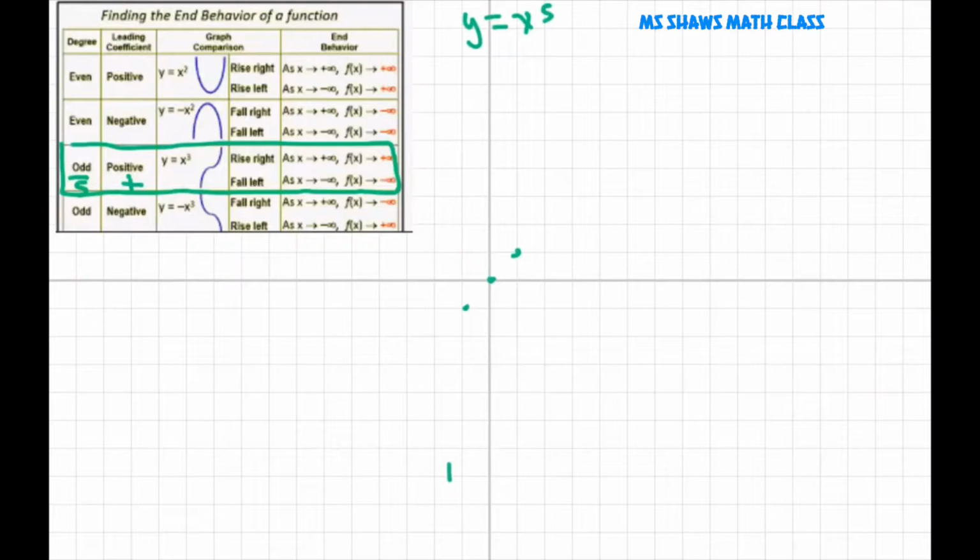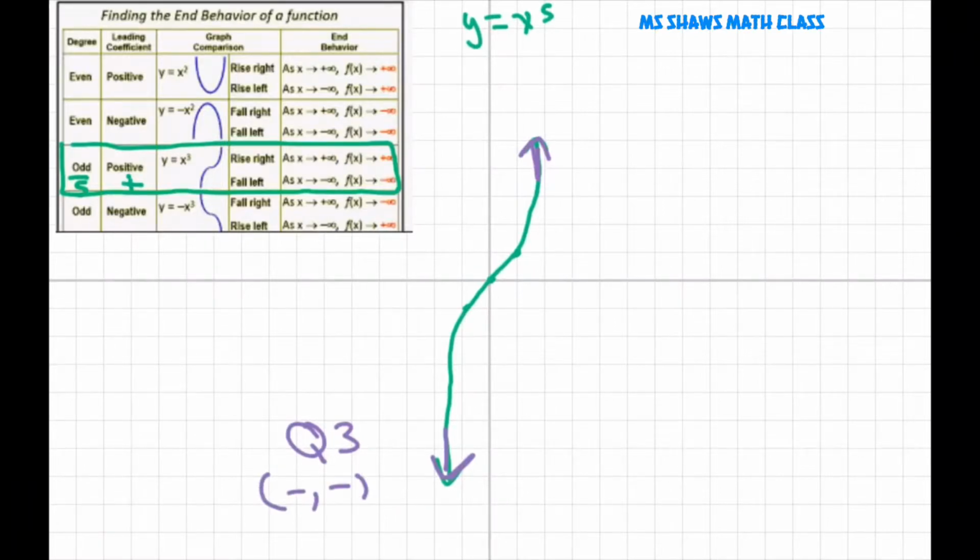And all we care about, though, is our end behavior. So our end behavior is this piece here and this piece here. That means when you're graphing from left to right, we're going to start in quadrant 3 and end in quadrant 1.